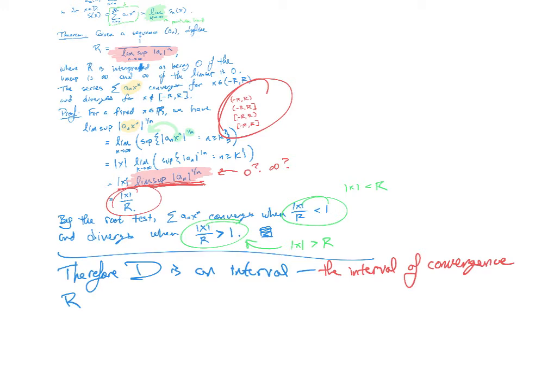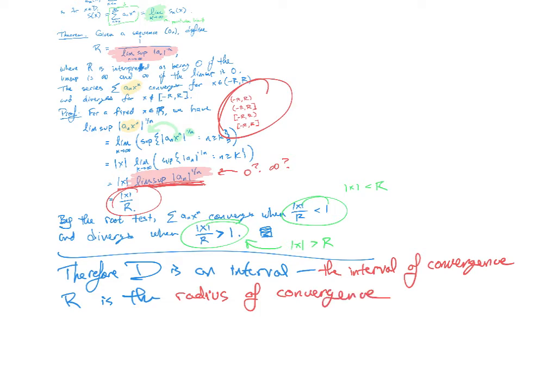Okay. R, I'll give you two reasons here. We haven't used this kind of term, but you can talk about intervals as having a diameter. I guess we've talked about diameters of sets before. So if you talk about the diameter of this interval, it would be 2 times R, so it makes sense to call R the radius. So R is the radius of convergence.